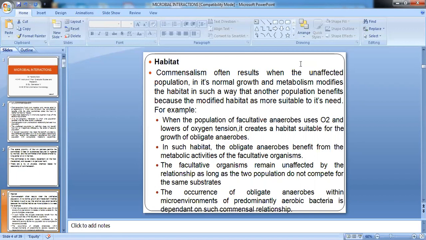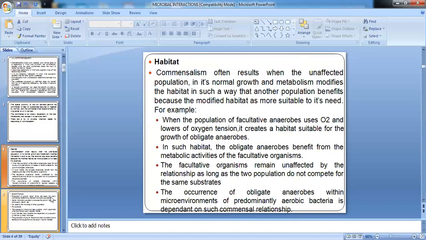It will shift towards competition. So this will be true only and only if the two populations are not using the same resources. The occurrence of the obligate anaerobes within the microenvironments of predominantly aerobic bacteria is dependent upon the commensalistic relationship of aerobes and the obligate anaerobes.